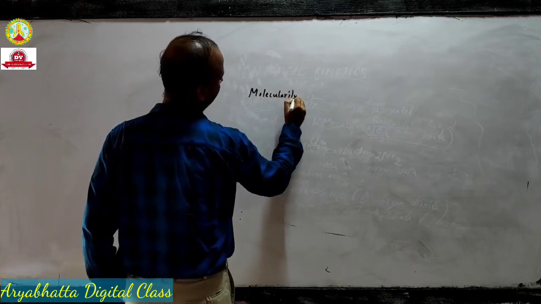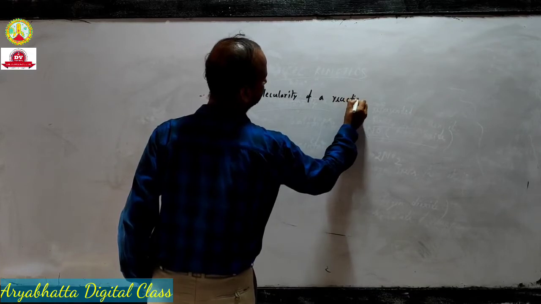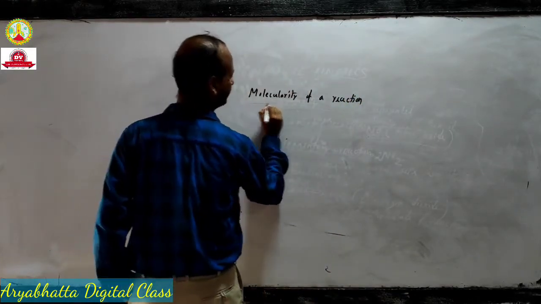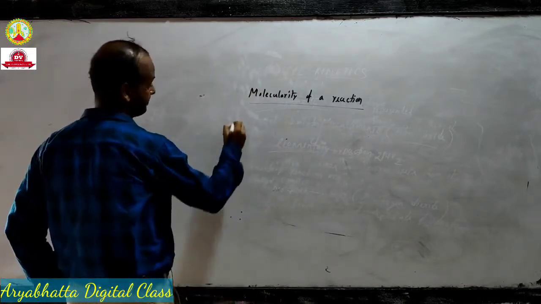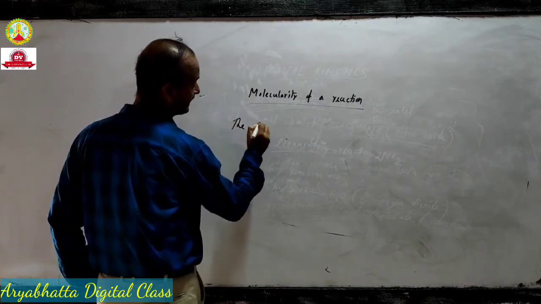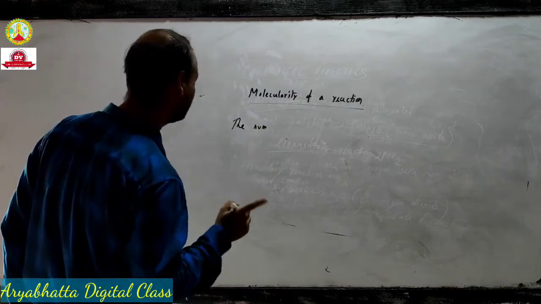Molecularity of a reaction. Now the proper definition. The number of species. Species means what? It may be molecules, ions, or atoms.